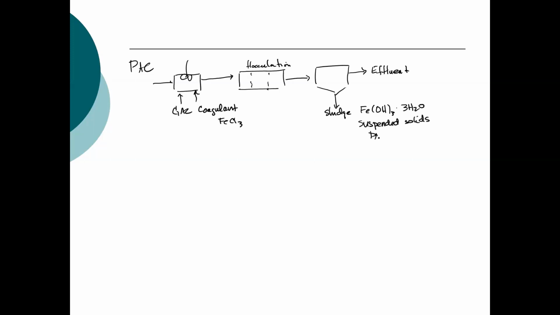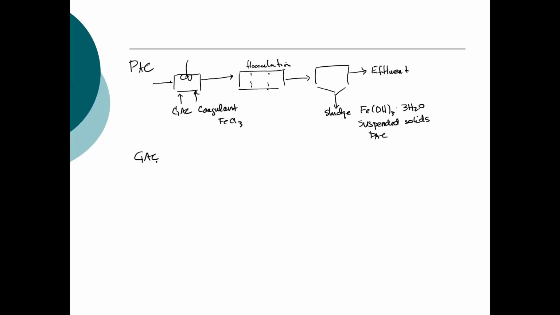And it would contain the powdered activated carbon laden with the chemicals that we were trying to remove. We can also use granular activated carbon. So in our treatment process, where are we likely to add that granular activated carbon?